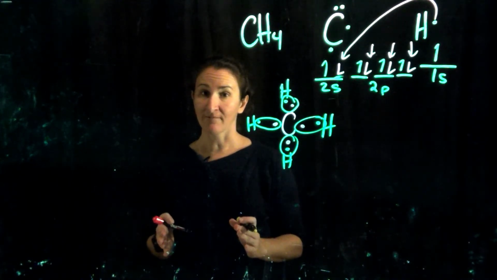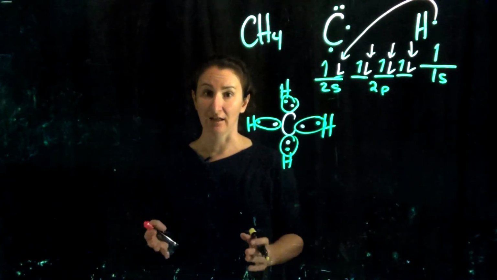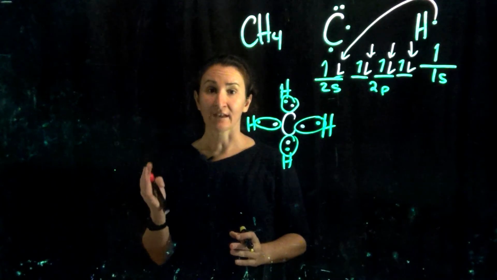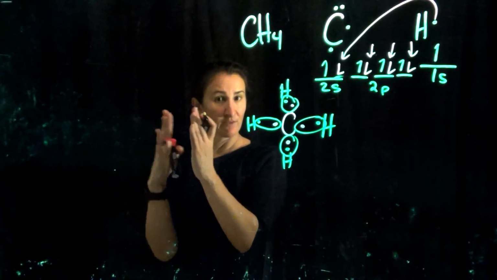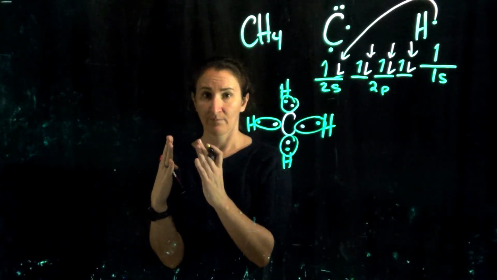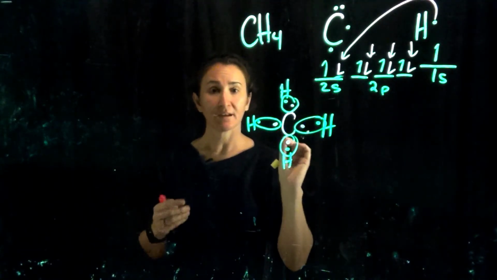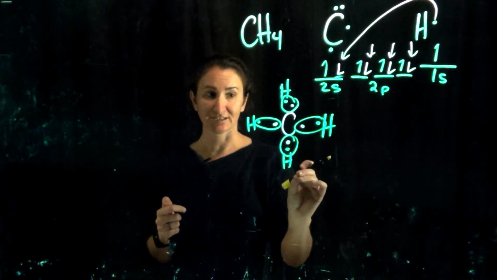What do I mean by that? Carbon wants to have 8 electrons around its outer shell. Covalent bonds are a fantastic way for carbon to fulfill its valencies because it's in the middle of the periodic table. So carbon's not involved in a lot of ionic bonds. Instead, it's involved predominantly in organic covalent bonds and structures.